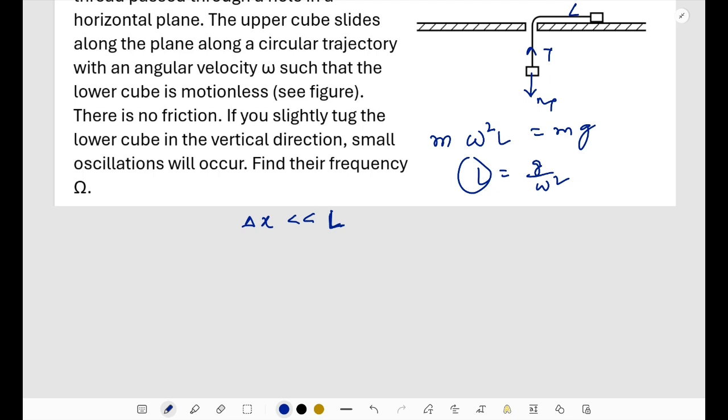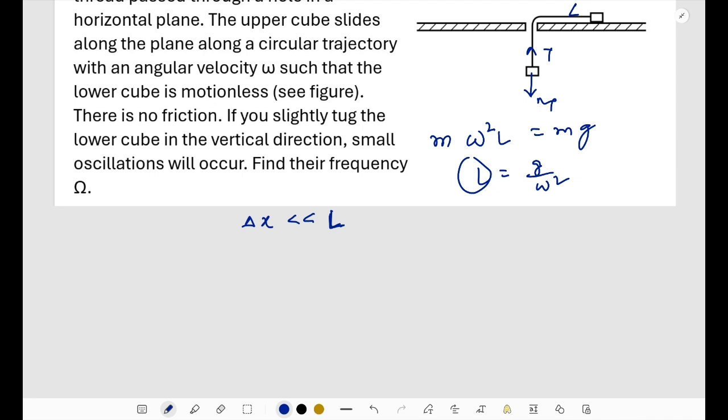But during this pulling of the string, one thing was clear: the angular momentum of the upper cube remains conserved in this process, because the force used in pulling the upper cube passes through its axis of rotation, and it is going to create no torque about the axis of rotation.